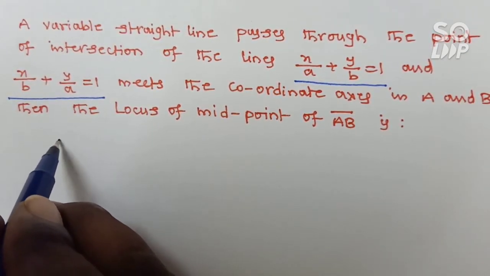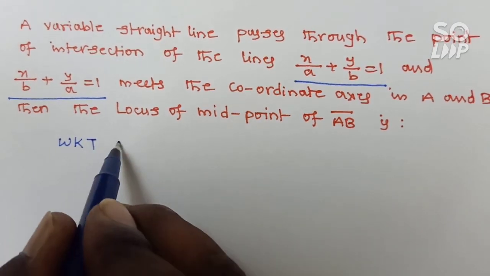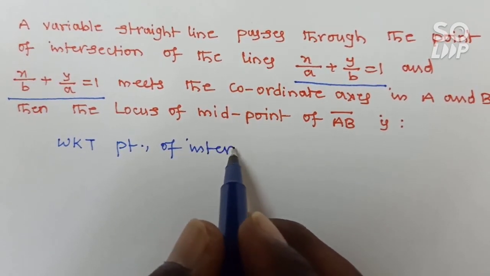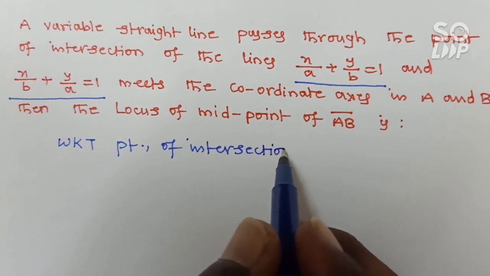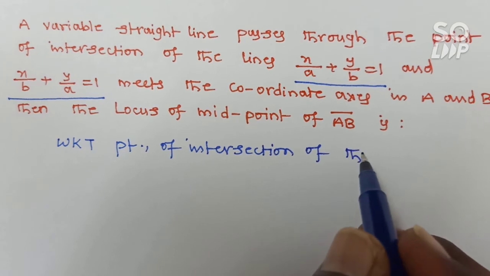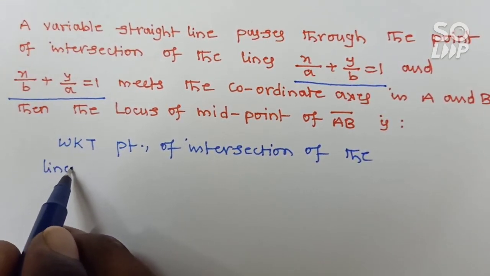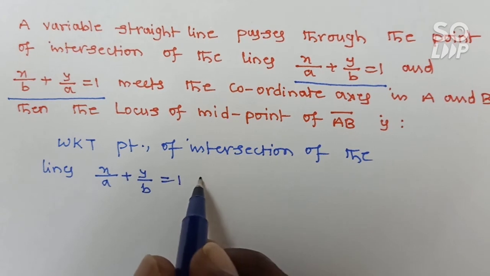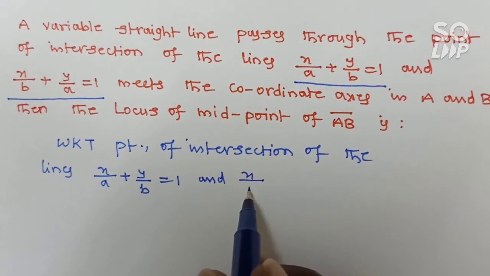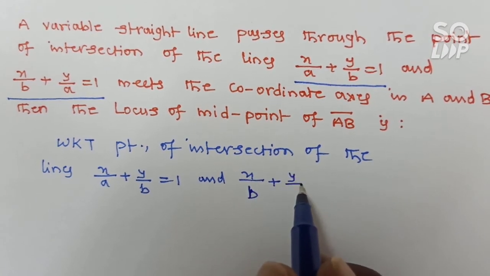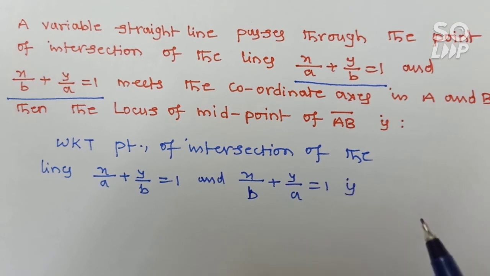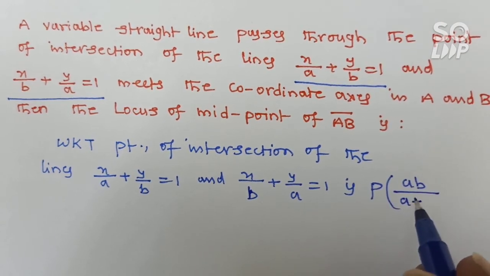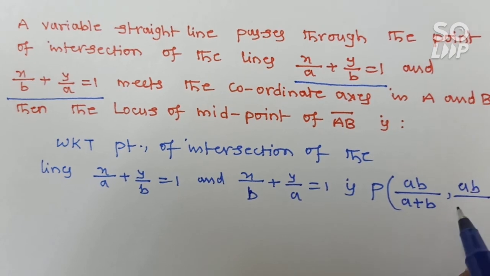So here we know that the point of intersection of the lines x by a plus y by b is equal to 1 and x by b plus y by a is equal to 1, let it be that point P, is equal to ab by a plus b comma ab by a plus b.